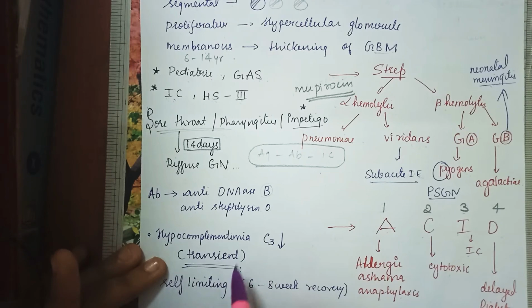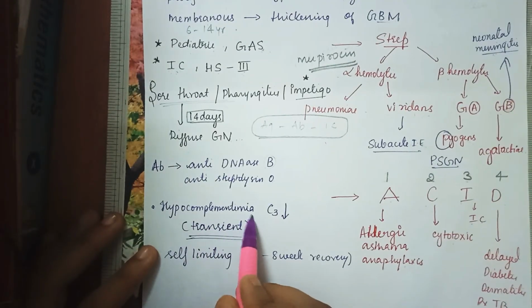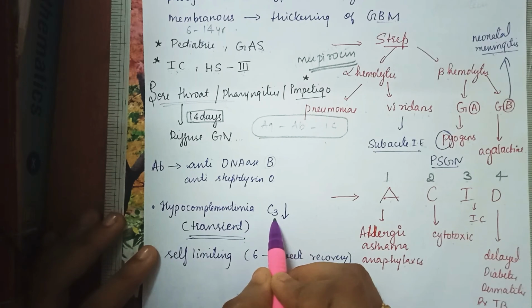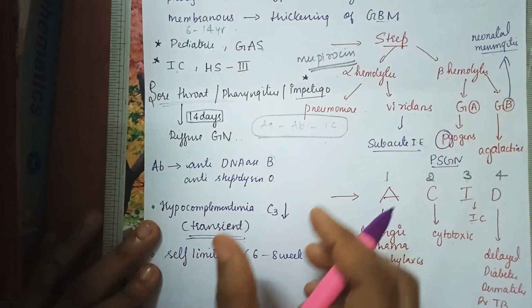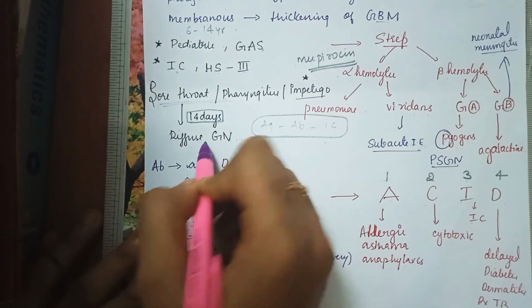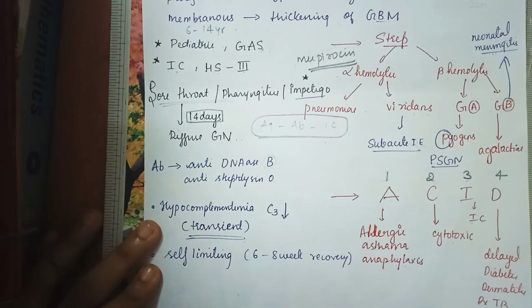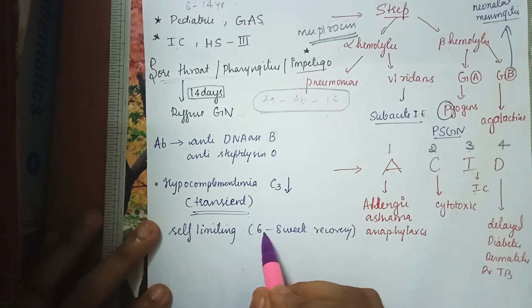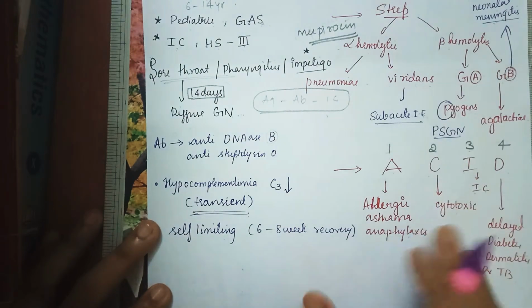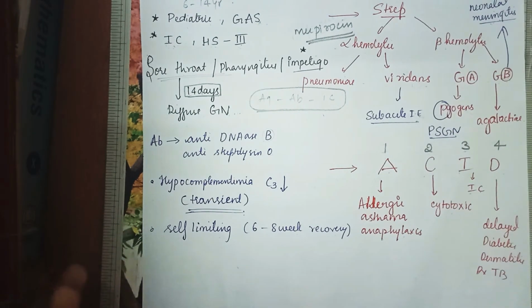Because there is activation of complement system, there is hypocomplementemia, a decrease in C3 level in blood, but it is only transient. Only when the person is having the disease is there a fall in C3 level. After some time it comes back to normal. Therefore we say this is self-limiting: after 6 to 8 weeks there is self-recovery without any treatment, and the disease will be cured.